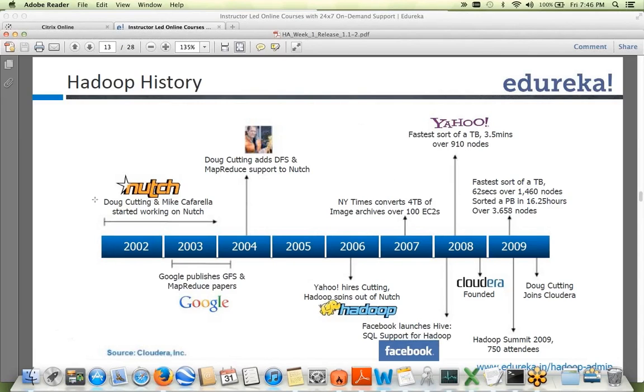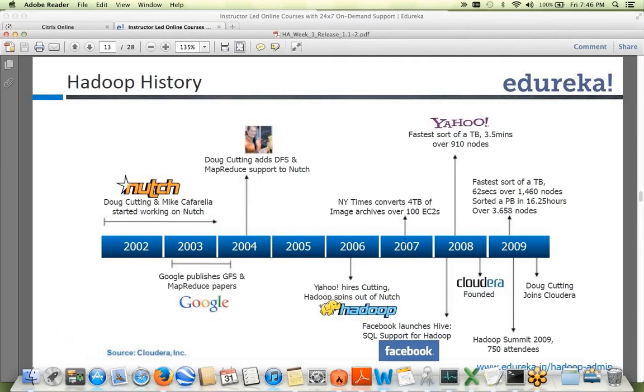Initially, Doug Cutting was working on Nutch, which was another project, for indexing and making sense of user data. He then added DFS and MapReduce support to Nutch in 2004, and in 2006 Yahoo hired Doug Cutting, and then Hadoop became a full-fledged project.